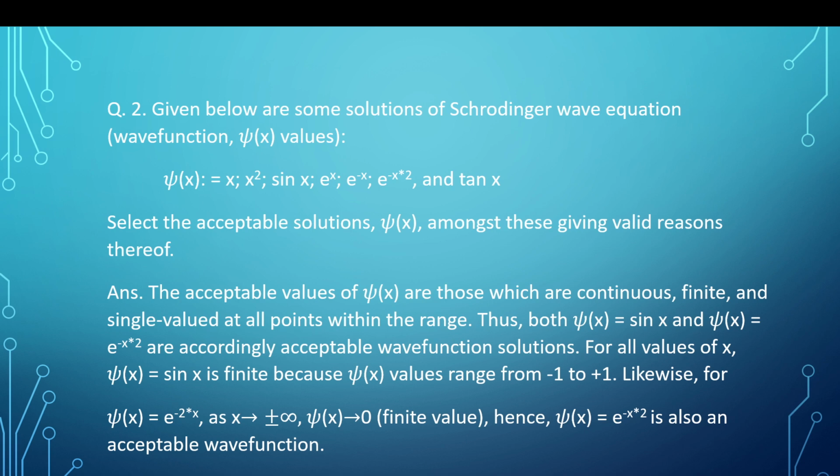For all values of x, psi x equal to sin x is finite because sin x values range from -1 to +1. Likewise, for psi x equal to e raised power minus x square, as x approaches plus minus infinity, psi x approaches 0, a finite value.